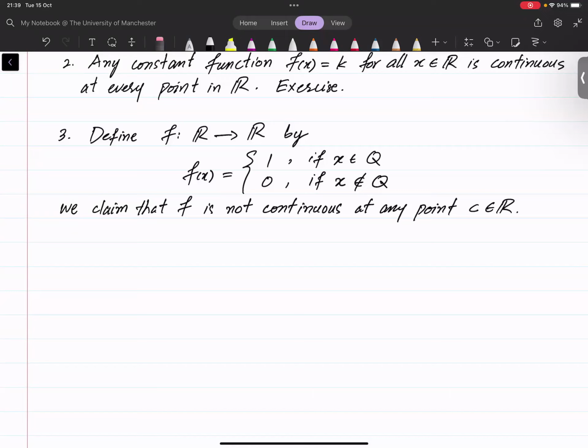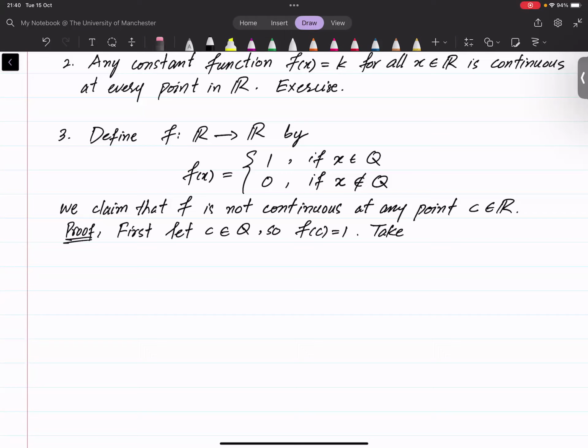Now to prove this, we must provide a value of epsilon greater than 0 such that there is no delta satisfying the definition. So first, let c be in the rational numbers. So f of c is 1.